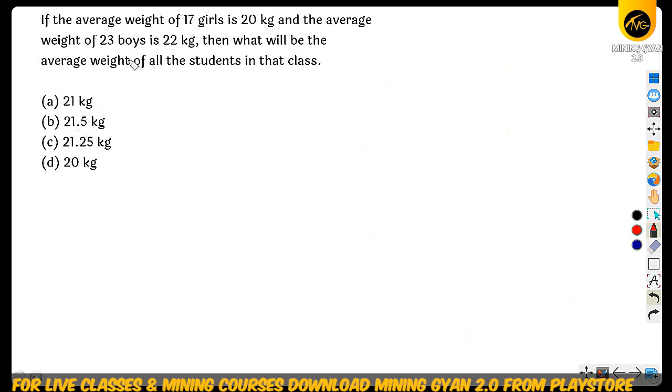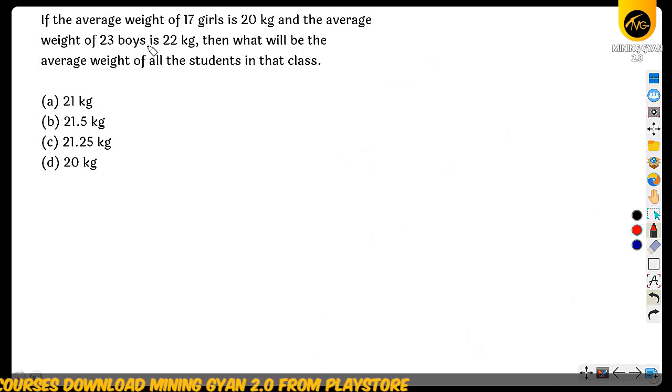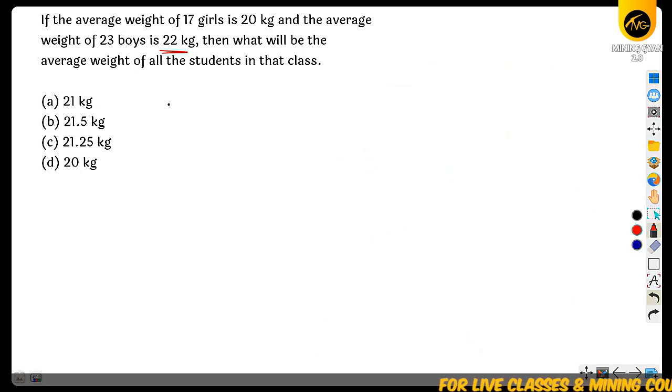Now the average weight of 23 boys is 22 kg. Now we have to find the average weight of all the students. That means girls and boys, total 40 students.